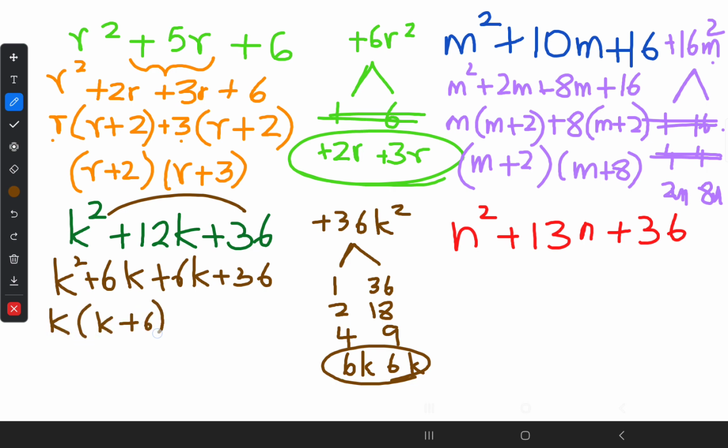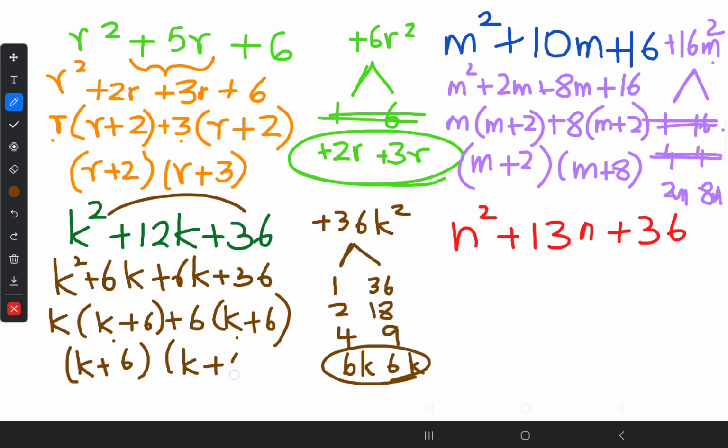We already discussed how to do the factorization of a double member expression. Since these two are multiples of 6, we can select 6, k plus 6 as well. Then finally, here k plus 6, k plus 6. Inside the bracket the values are the same, and outside the brackets we will also have k plus 6.